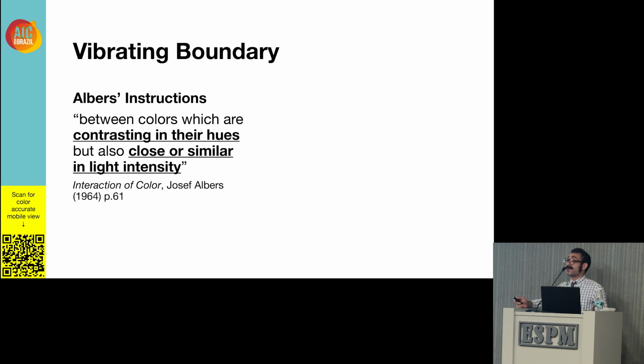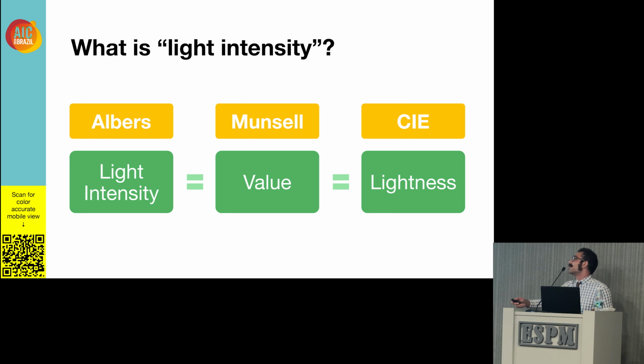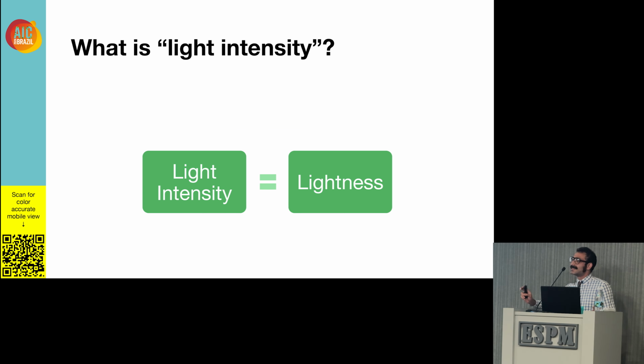He states that a vibrating boundary is between colors which are contrasting in their hues, but also close or similar in light intensity. And so what is light intensity? Albers gives us a clue in his text where he equates it directly to Munsell's value. And as we understand that Munsell's value is really talking about what the CIE calls lightness, we can see that Albers' light intensity is really what we would call lightness today.